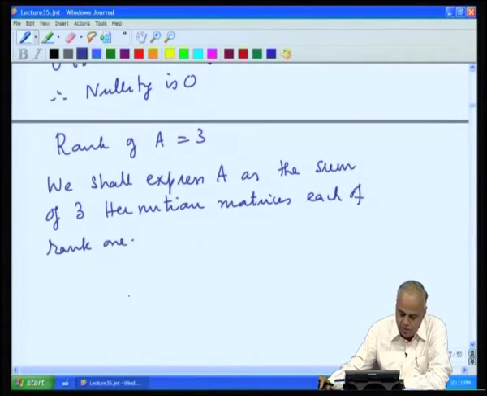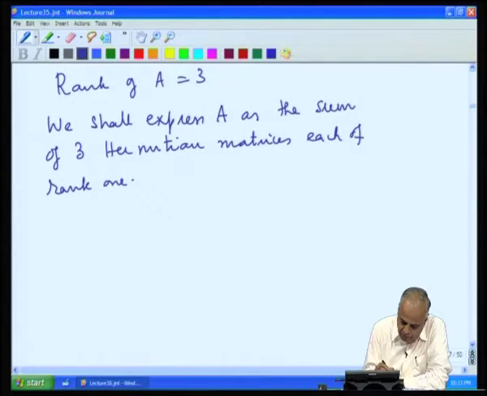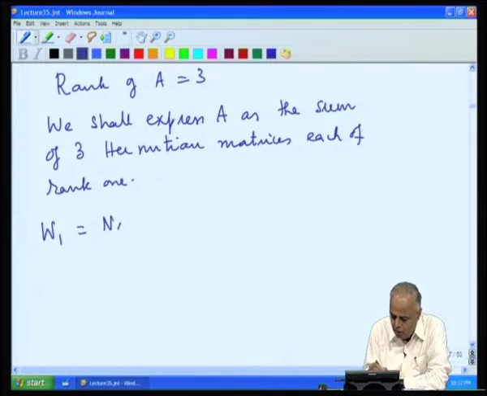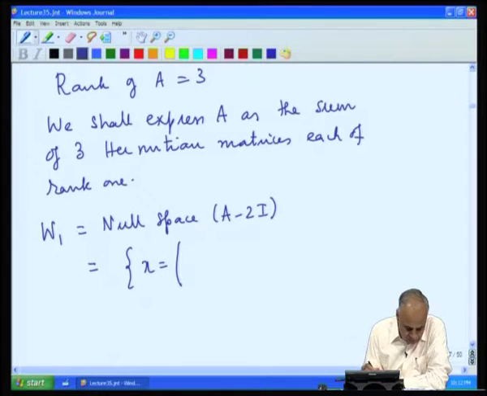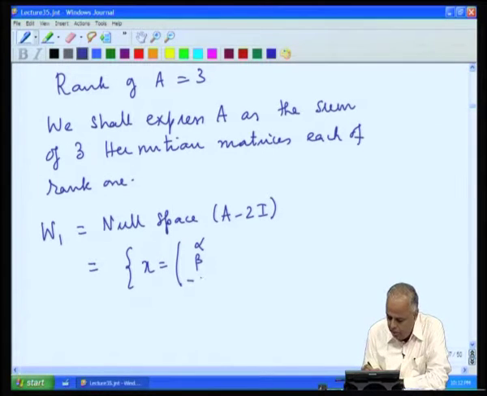How do we do this? For this we find the eigenspaces corresponding to these eigenvalues. W 1 is the null space corresponding to the eigenvalue 2. So, it is the null space of A minus 2 I, and we have found in the last lecture that this consists of all vectors of the form alpha, beta, minus 2 alpha plus beta, where alpha and beta are real.